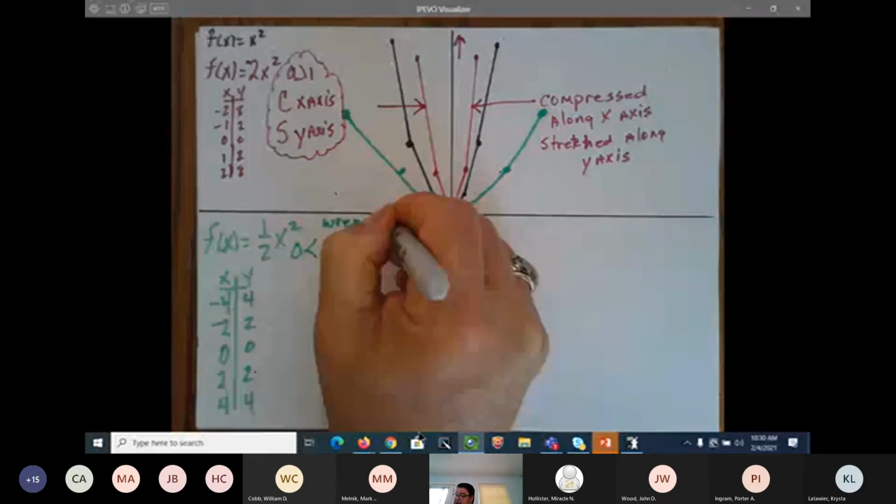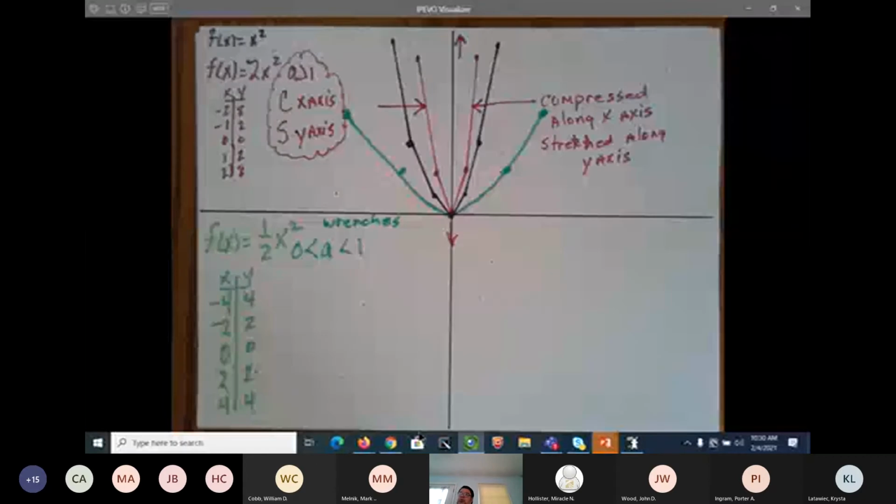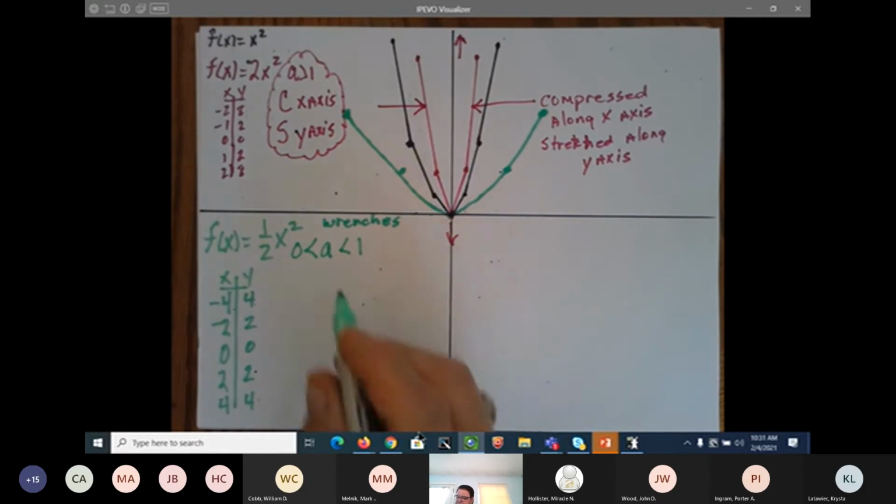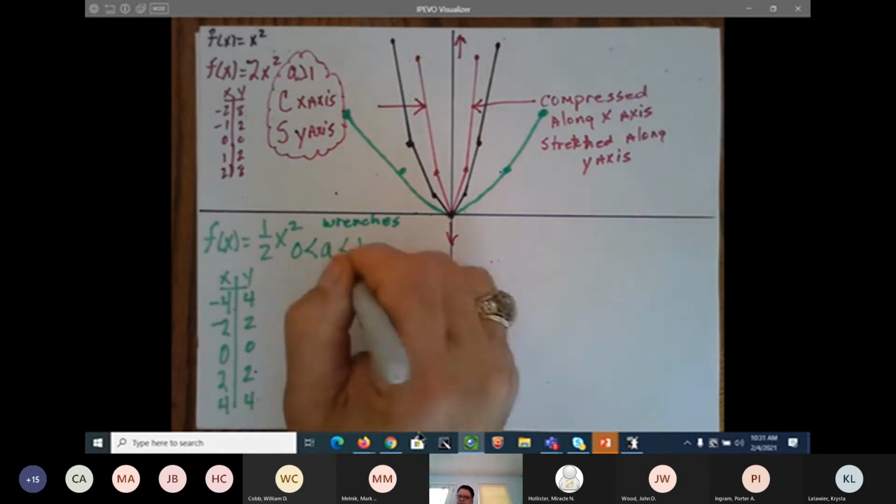When you get a set of wrenches, they go 3/8, 7/16, 1/2, 9/16, 5/8, 11/16, 3/4, 13/16, 7/8, 15/16. All of those are called proper fractions. Proper fractions are between 0 and 1.